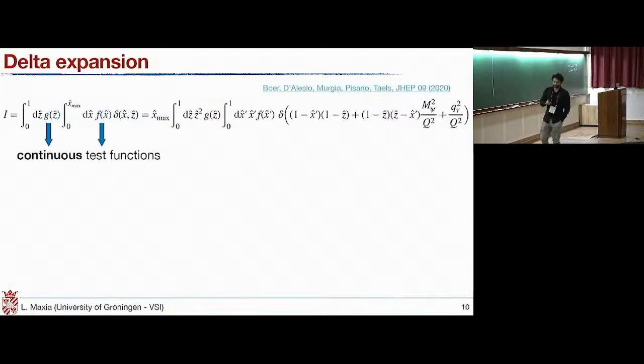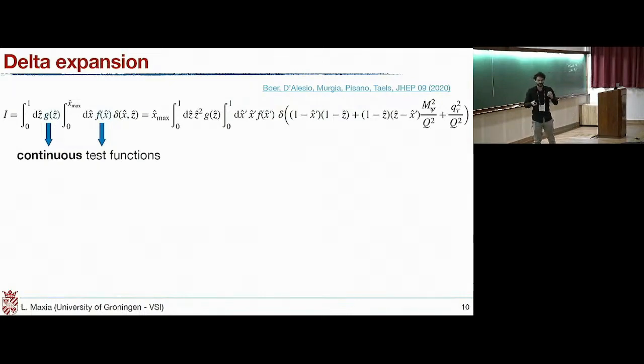Let me go a little bit into this detail because it will be a key point in the next slide. I will not go into very much detail, because if you want that, you can look at this paper. But the key point here is that you have this delta. To evaluate this small QT limit, you use two test functions for the two dependencies, and these test functions are continuous.